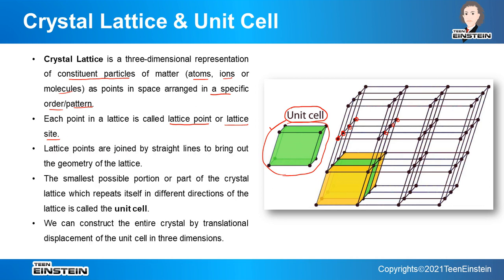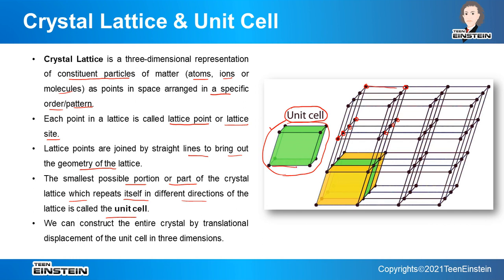Lattice points are joined by straight lines to bring out the geometry of the lattice. Here you can see lattice points joined to each other by straight lines. The smallest possible portion of the crystal lattice which repeats itself in different directions is known as the unit cell.